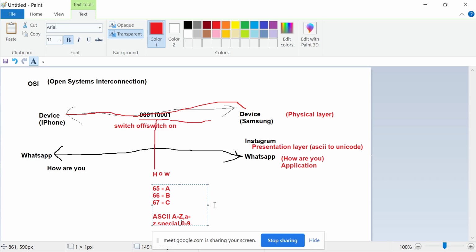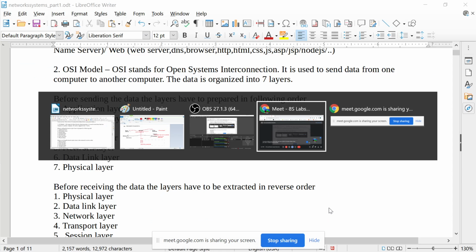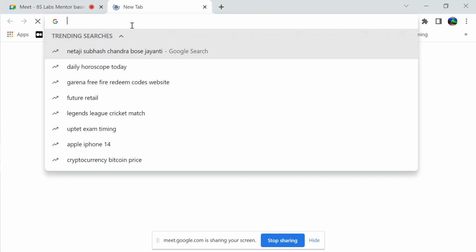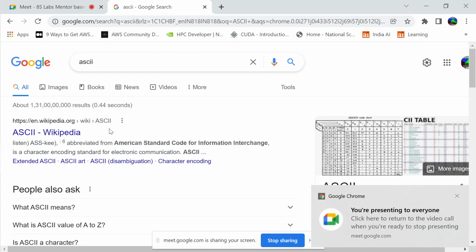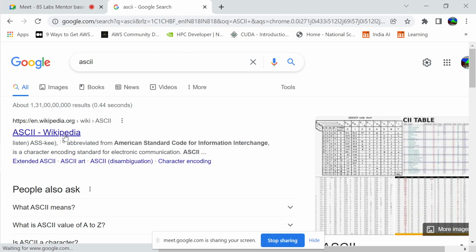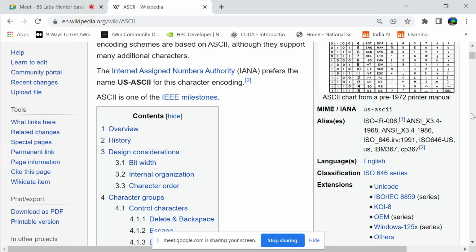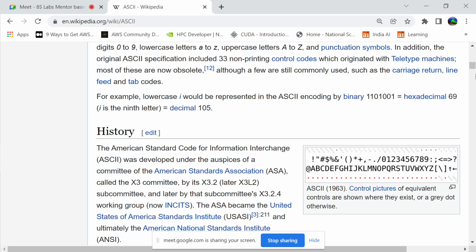Now the ASCII format, let me just open. In the earlier days when computers started, ASCII was the most prominent data encoder, you can say.